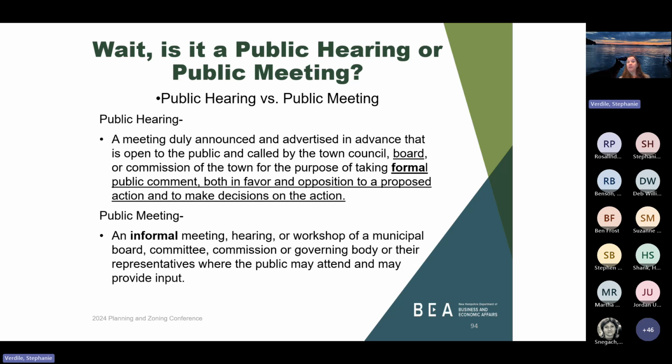That's a public meeting, because there's nothing formal in front of that board to make a decision on. But they may be making decisions as far as how many vendors do we have, or whatever type of situation that would be. But for the purposes of knowing how to notice, you have to be clear about whether it's a public hearing or a public meeting.